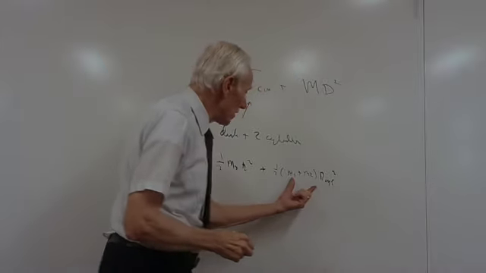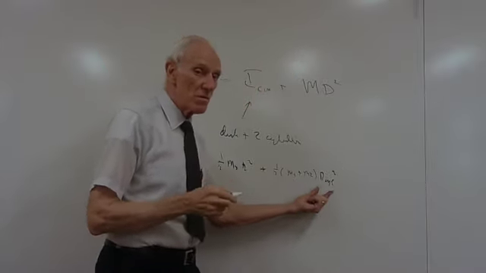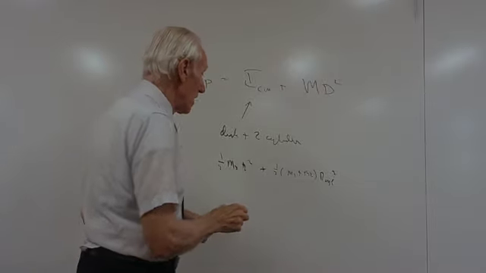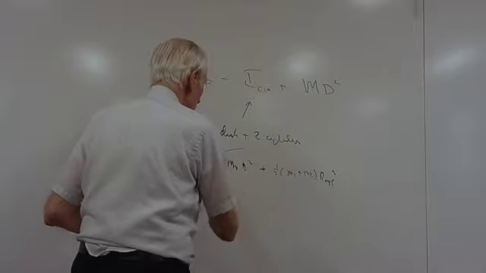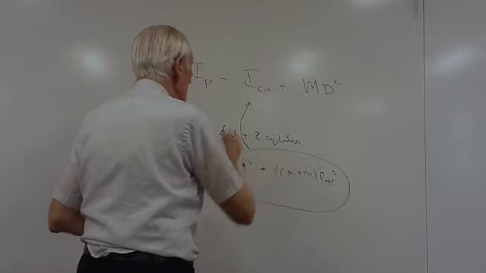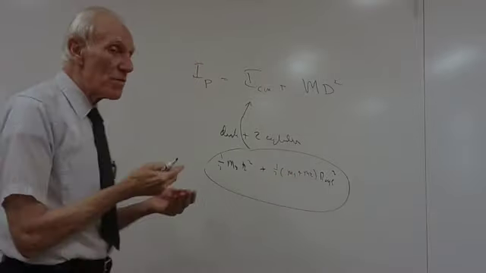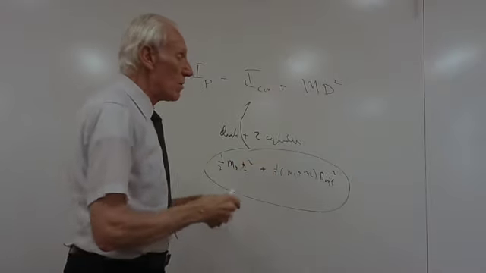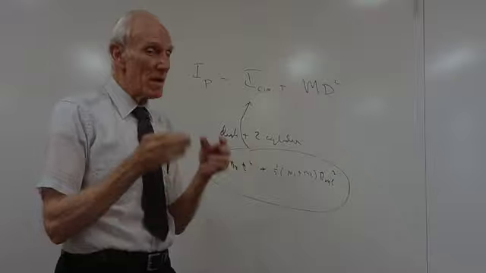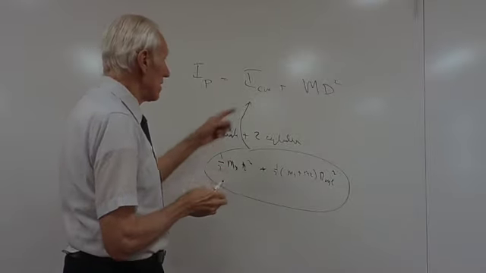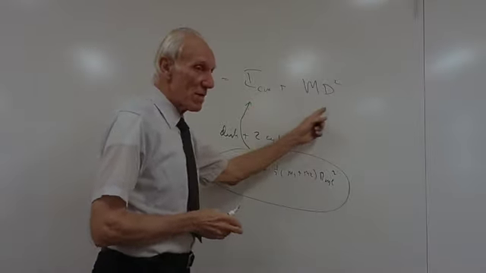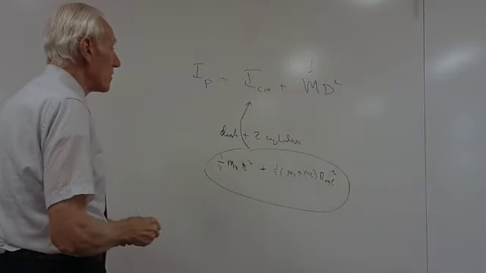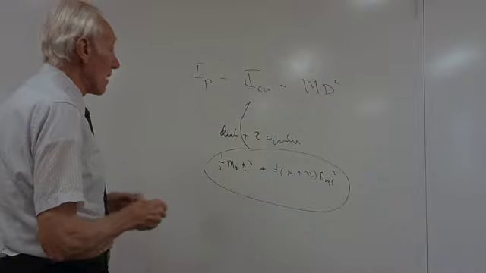This is the moment of inertia of the cylinder about its own center of mass, which is that small number I talked about earlier. So this whole thing is the moment of inertia of all three objects, the two little cylinders and the big disk, as though they were all rotating about their centers of mass, which of course the disk is, but these are not. So this is going to be the term that's going to give us the correct value.